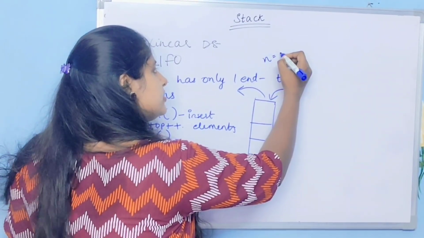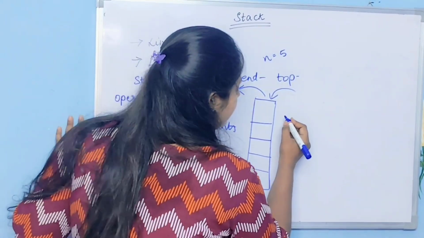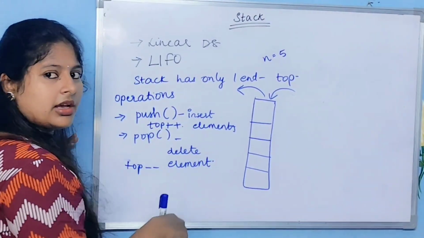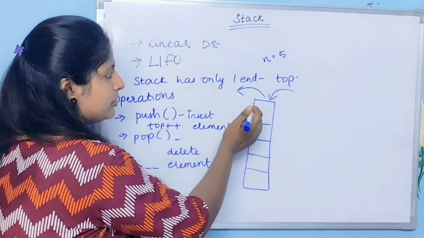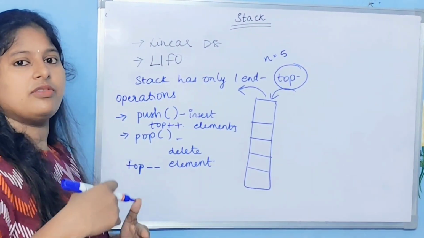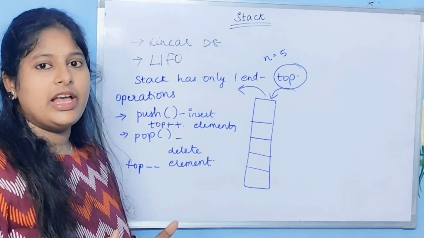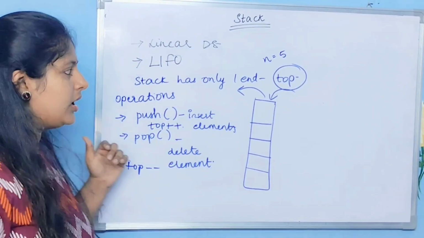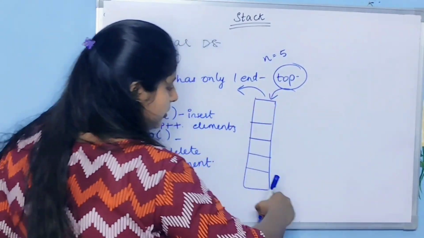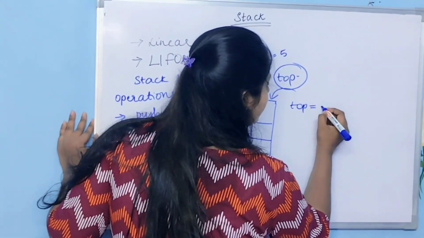N equals 5. I can store 5 elements over here. Okay. When there are no elements in the stack, it is denoted by top value. Top is the most important part. You can say whether stack is empty or stack is full only with the help of top value. Okay. In case there are no elements in the stack, top equals -1.